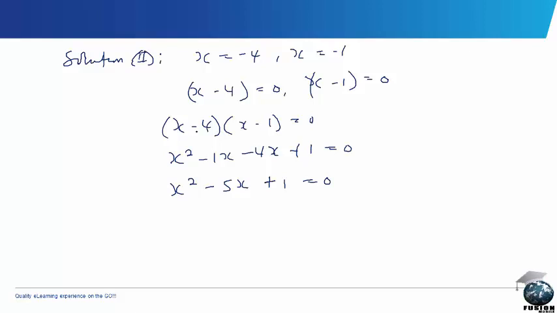Sorry, should that be 1? Sorry, it should be 4 rather, because minus 4 times minus 1 is plus 4. Alright, so this gives the equation for those two roots.